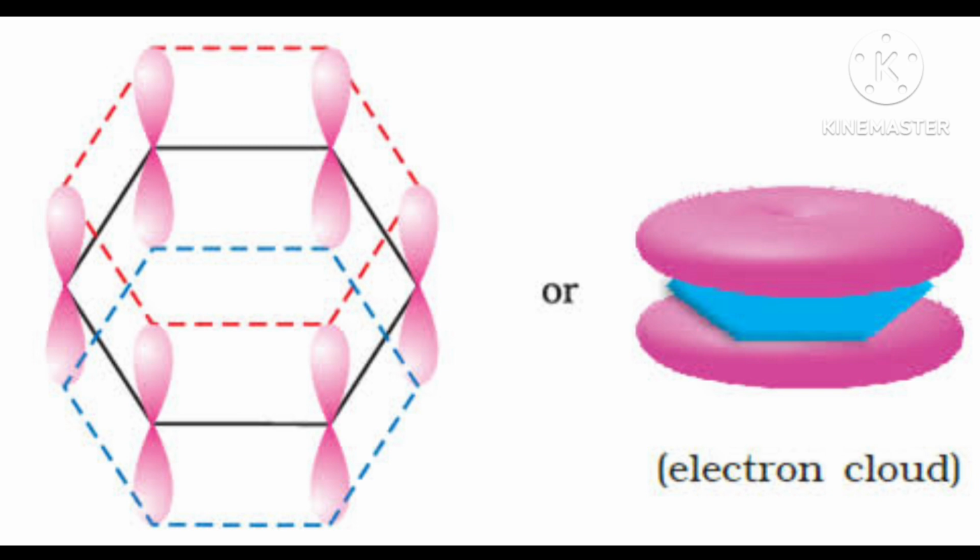Structure 2: when you start with a single bond, double bond, single bond, double bond, single bond, double bond. And finally, one more resonating structure you can write is a dotted circle, or one circle, inside the benzene ring.